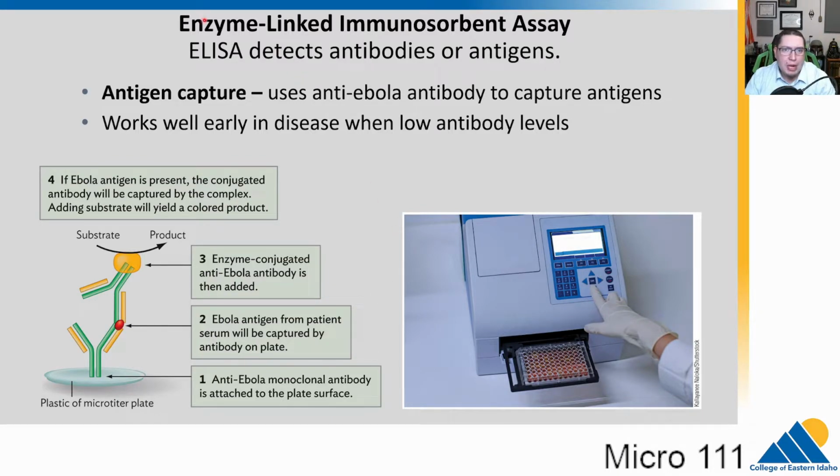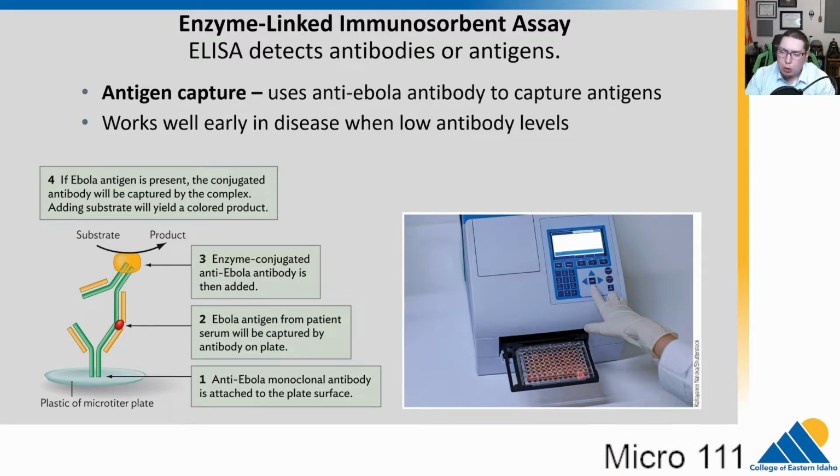So you'll remember the enzyme-linked immunosorbent assay, the ELISA. This detects either antibodies or antigens, and it uses antibodies to do that detection. There are several ways we can test this. In the previous case that I just showed you, we used antigen capture, where we have an antibody that binds to the Ebola antigen, and then we have a secondary antibody that comes in and makes a sandwich, and this causes a reaction to occur which changes color.